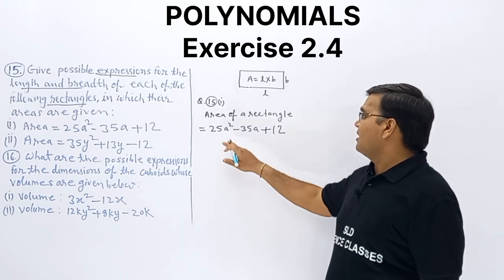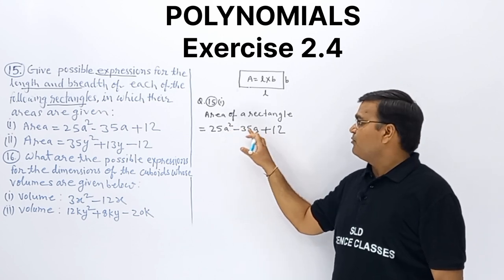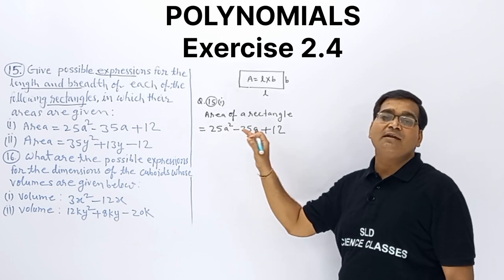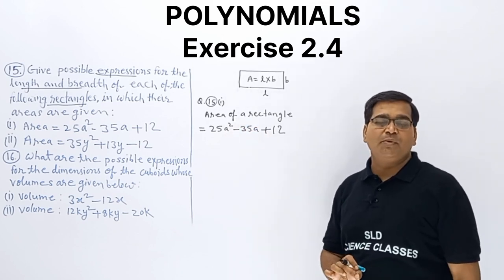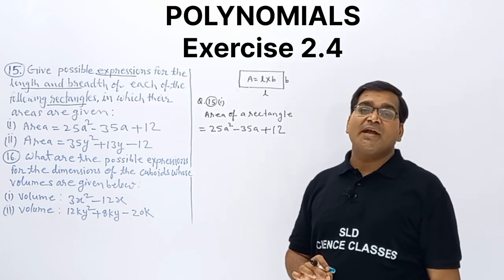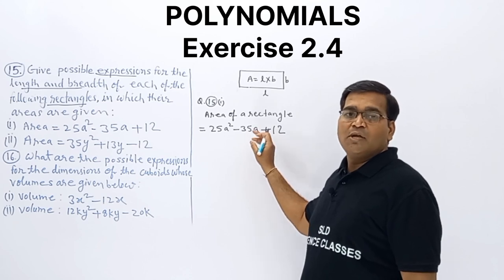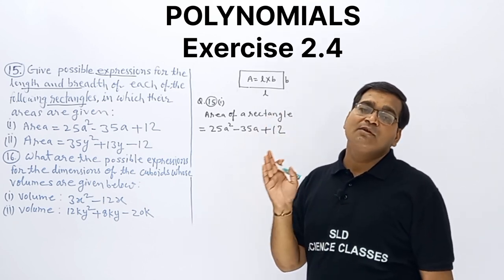The variable is a and the maximum power of the variable is 2. Its degree is 2, so it is a quadratic polynomial, and it gives 2 factors. From both factors, one is the length and one is the breadth.